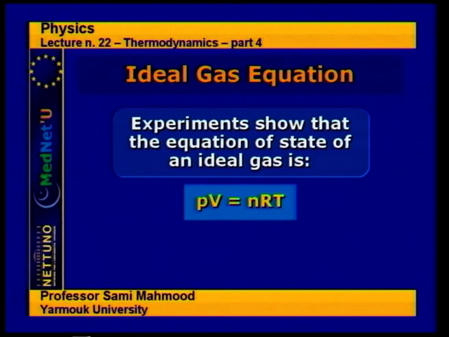R is the gas constant, and T is the temperature of the gas. This is the result of experimental work, and this is the ideal gas equation.